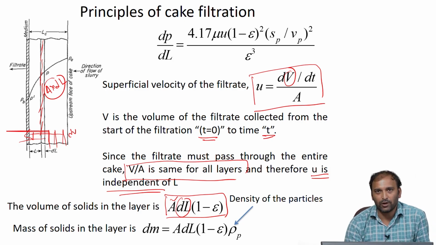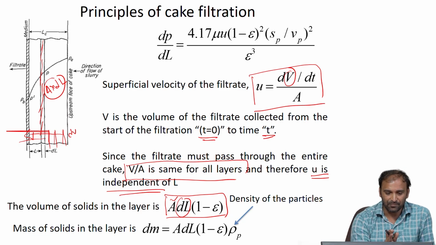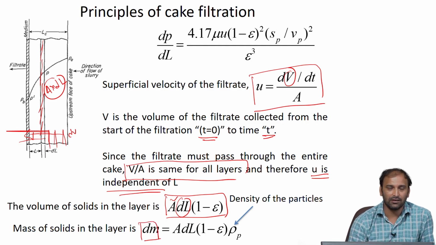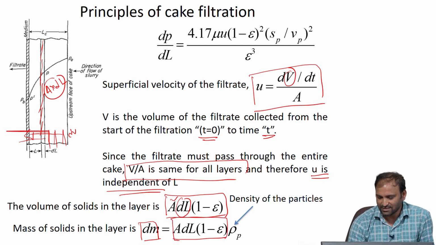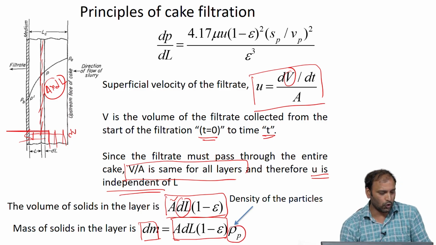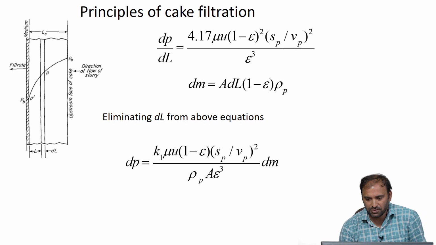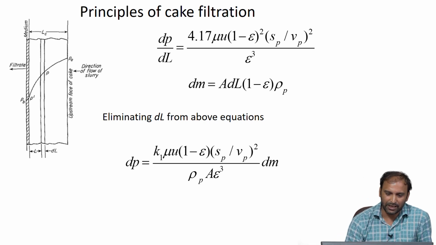That multiplied by 1 minus epsilon gives me the volume of all the solids in the thin section. And if I want the mass dm, that is the mass of the particles in the thin section, it is the volume of the solids in the section multiplied by rho p, where rho p is the density of the particles that make up the solids in the filter cake.